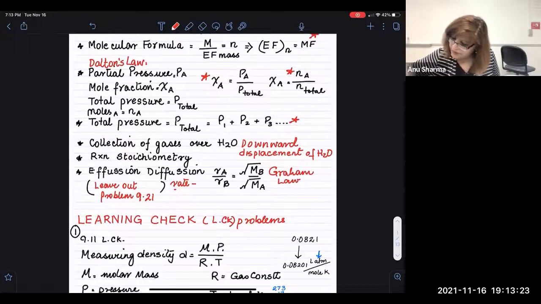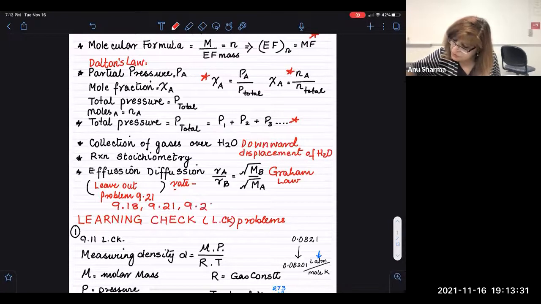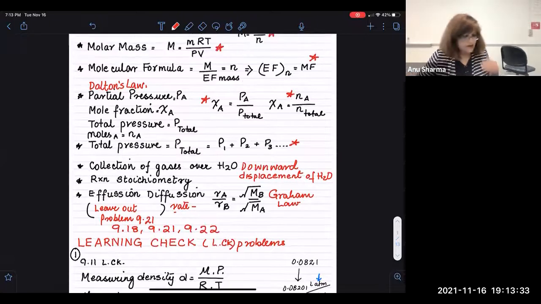Also leave the problems that relate to molecular orbital theory calculations, that's 9.23.